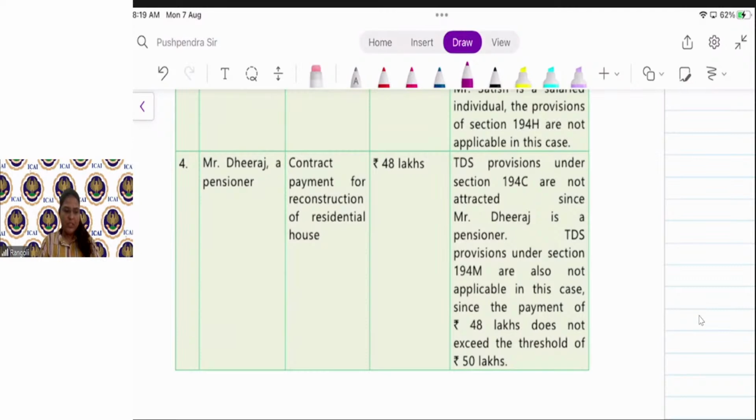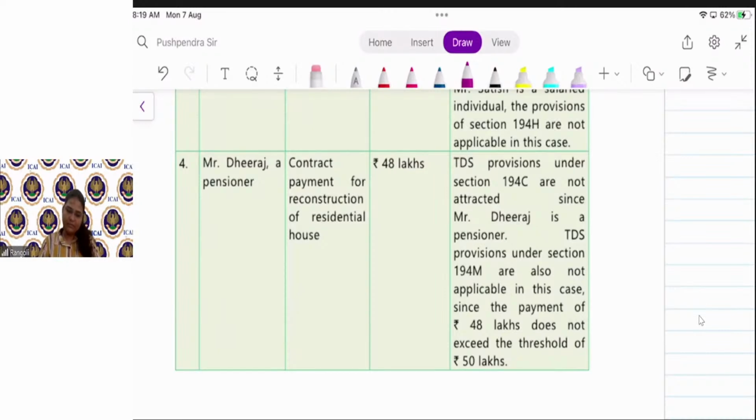See, 194C is not applicable. Why? Because he does not have any business, so it is outside the purview of section 194C, because 194C provides relaxation to individuals and HUF whose turnover in the last financial year is less than 1 crore. Here the turnover is 0. 194M is also not applicable because the payment is less than 50 lakh.